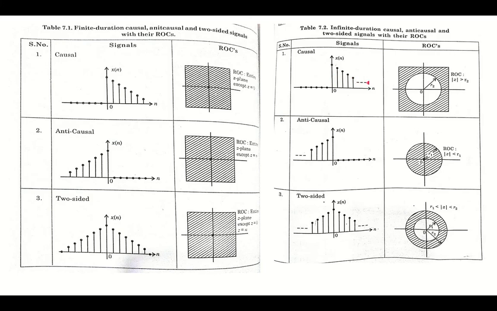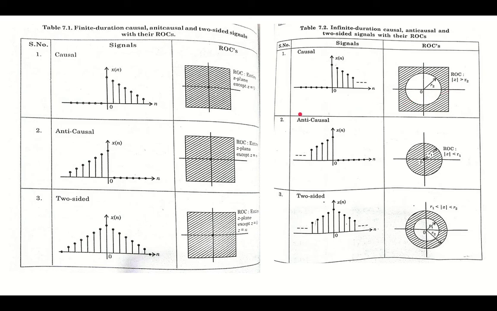We can see from the dotted lines that this signal is going to infinity, and this is a causal sequence, that is, right-sided sequences are called causal signals. The ROC will be outside the circle having radius R2, so we can say that my ROC is mod z greater than R2.